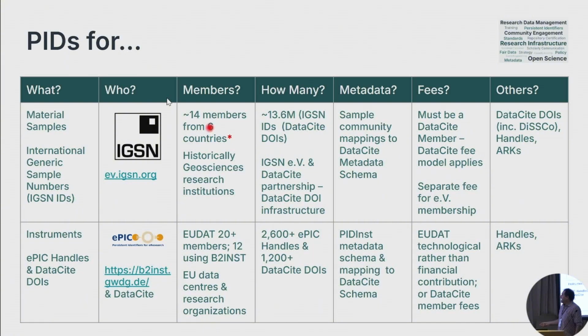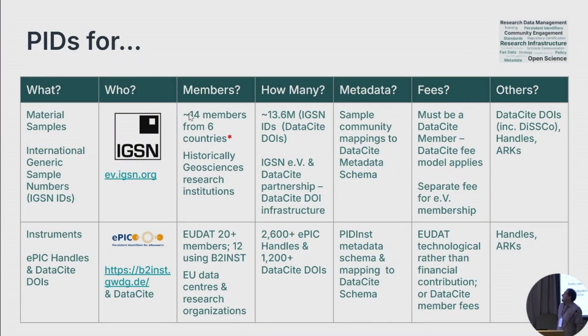The IGSN e.V. itself has 14 members across 6 countries, mainly geoscience research institutes, but because this is now under DataCite, there are actually more than 30 organizations using IGSN IDs. The main point is you need to be a DataCite member to create them, and the fee model applies, although there is a separate fee for e.V. membership.